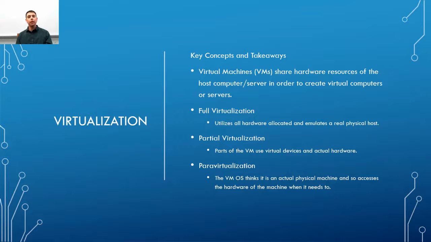Oftentimes I've seen it used in a SAN type environment, to where you have a server that's an ESX host, and it's built to where you have your CPU, your RAM, and then your hard drive, all in different arrays. So that way you can actually add or remove as needed, and to create large server farms. That's a more expensive way to do it.